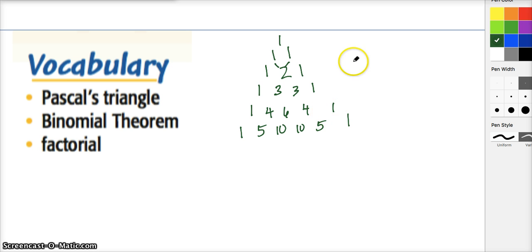And you can do this literally forever, but it'll probably get really jumbled and look funny. Cool things about Pascal's triangle: look, 1, 2, 3, 4, 5, and it goes on like that. So you see really neat little patterns. I think these are triangle numbers, 1, 3, 6, 10.